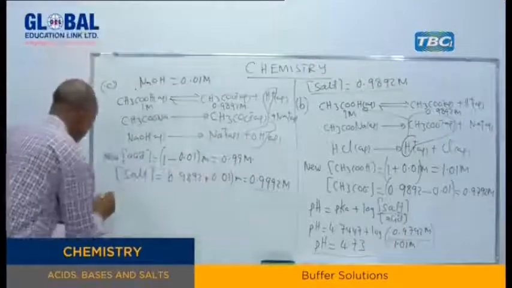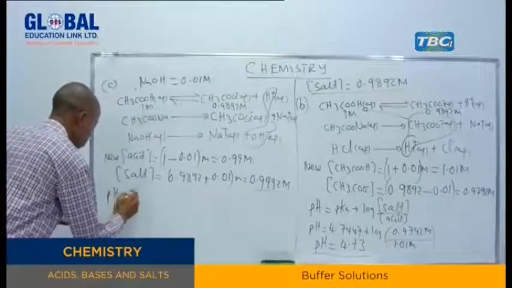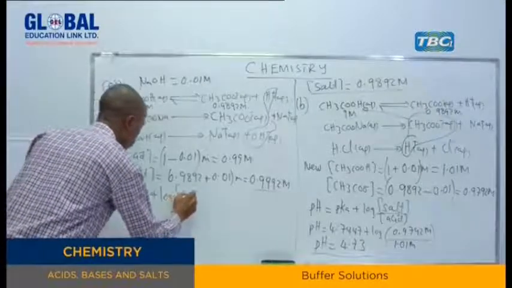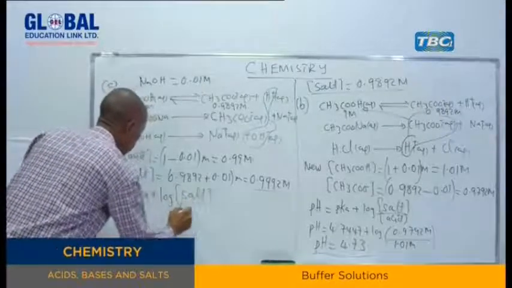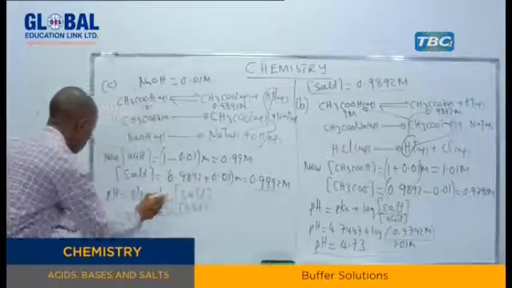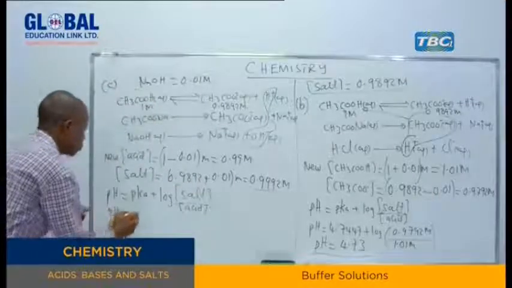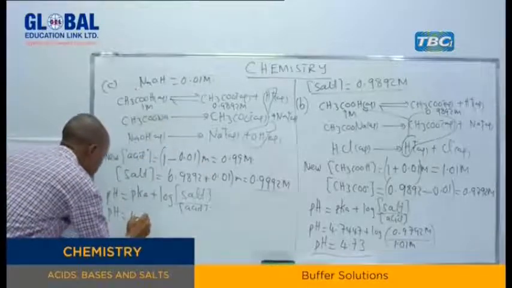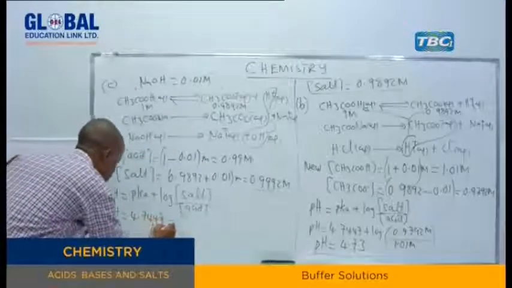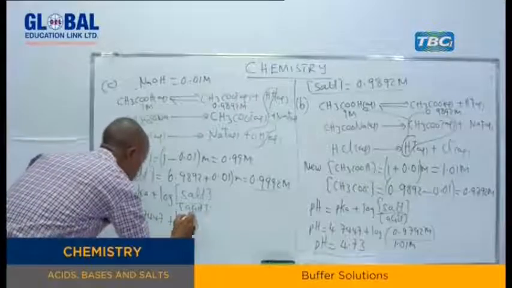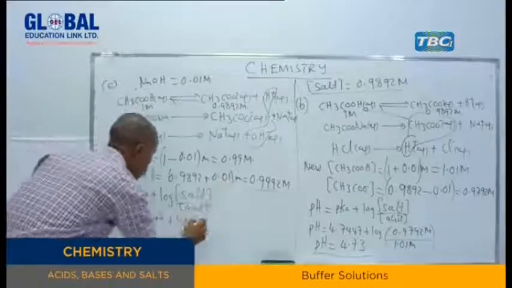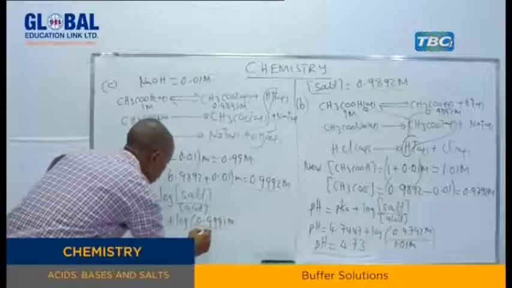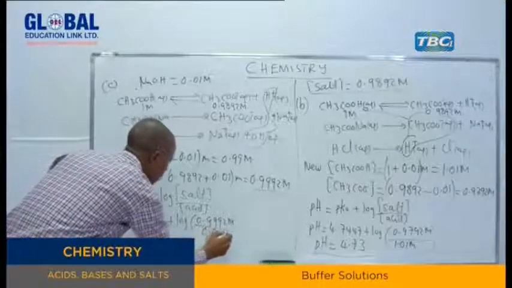So you can use your equation. pH is equal to pKa plus logarithm concentration of the salt over concentration of the acid. The value of pKa, we have already obtained, is 4.7447 plus log concentration of the salt is that one, 0.9992 molar over 0.99 molar.